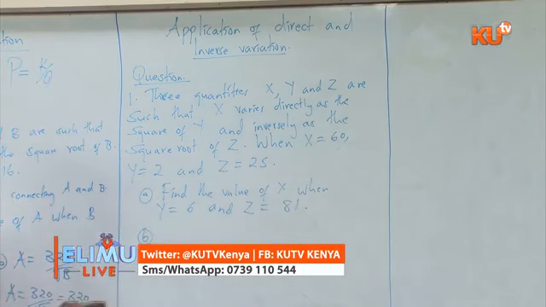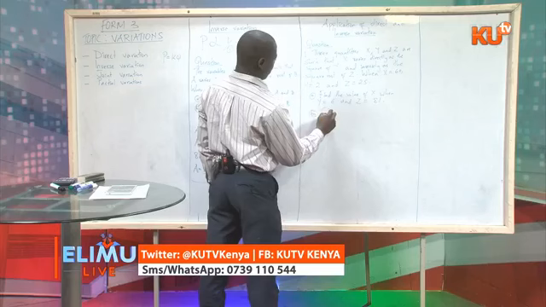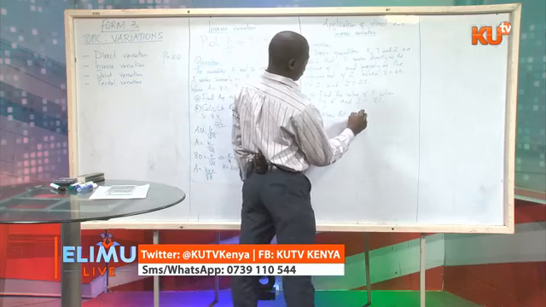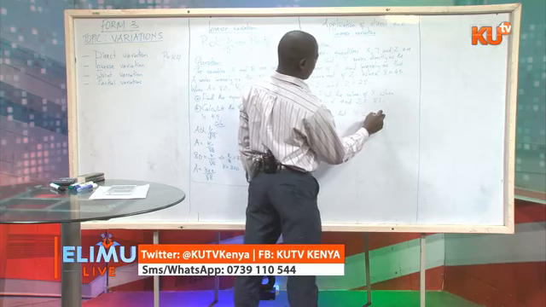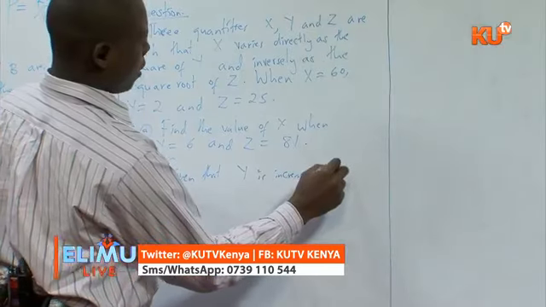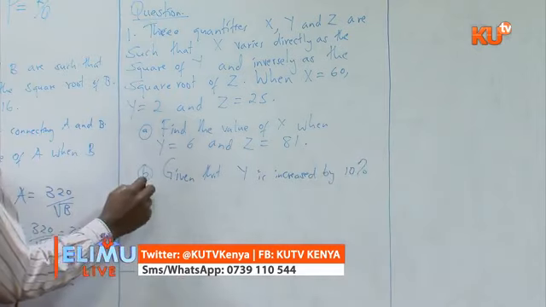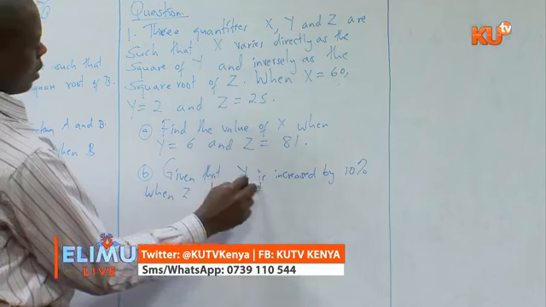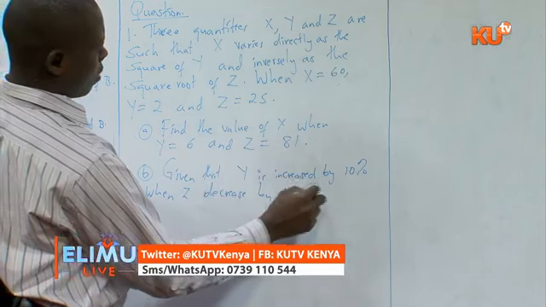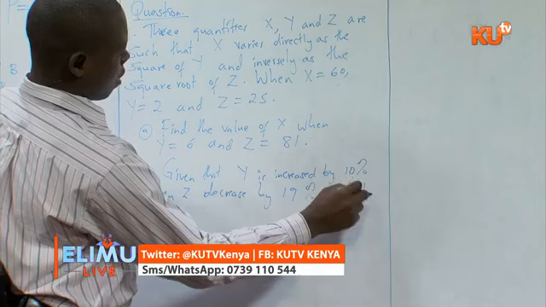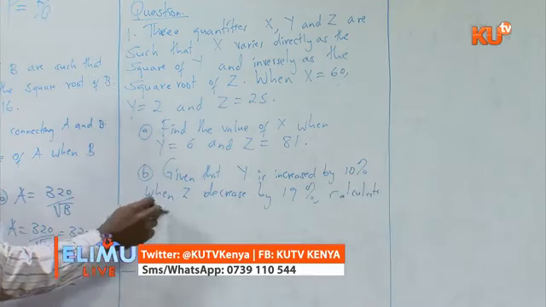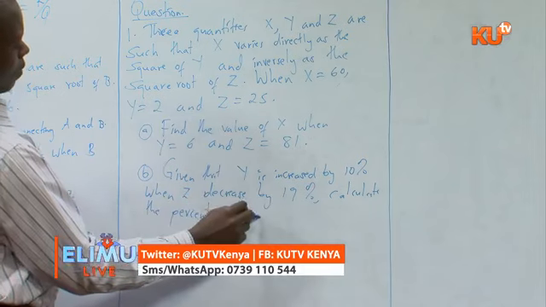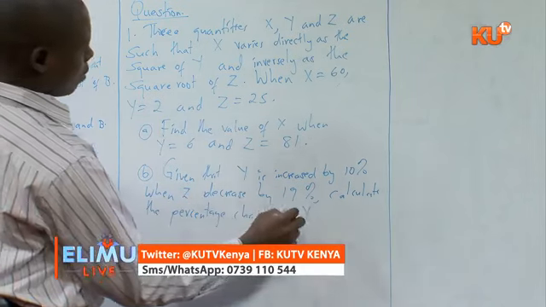Part B of the question, you're told that given that y is increased by 10% when z decreases by 19%, calculate the percentage change in x.